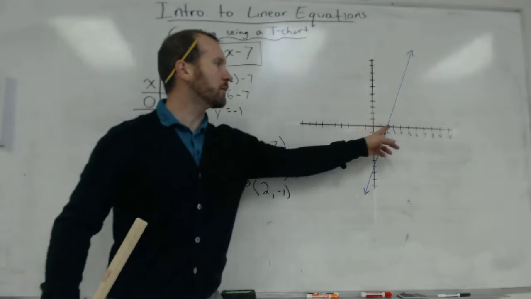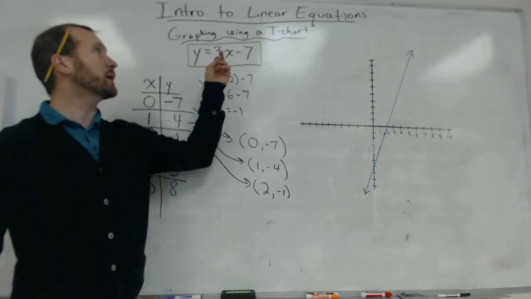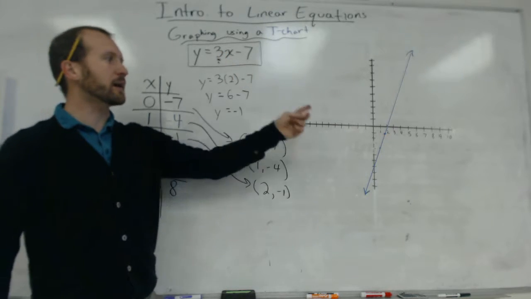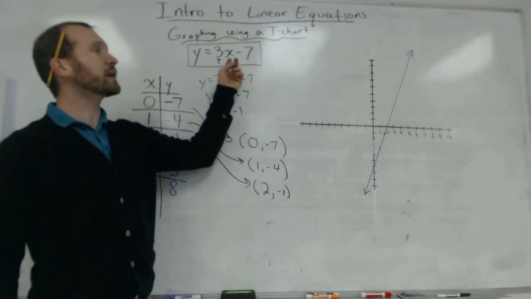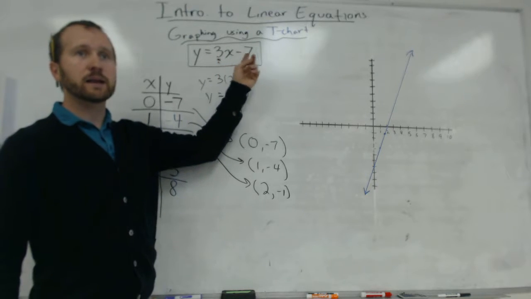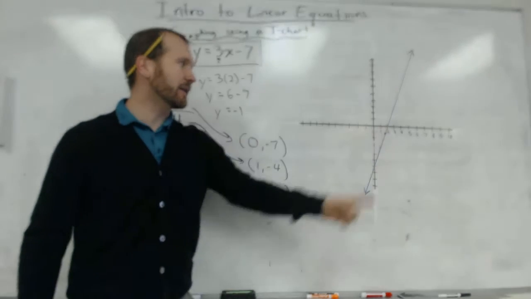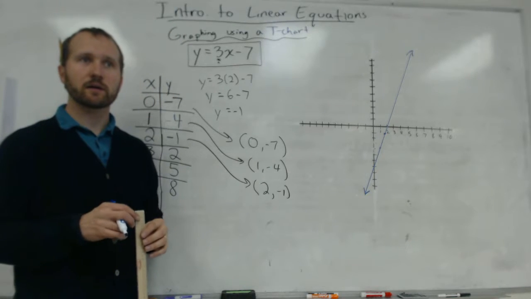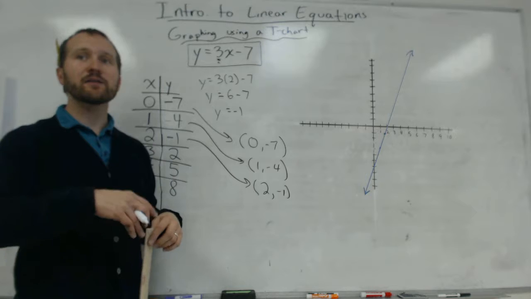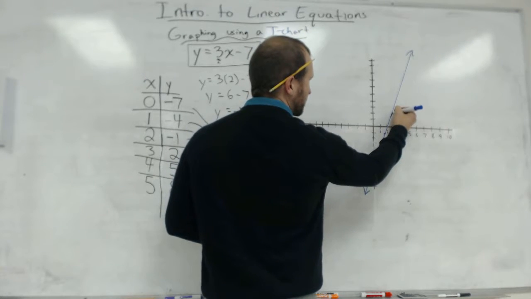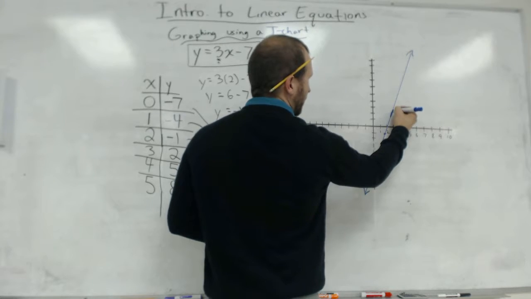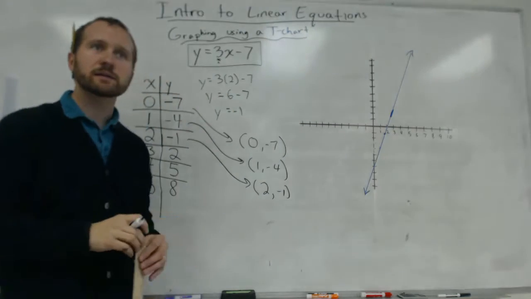And when x is 1.9, y would be 3 times 1.9 minus 7, which is like -1 or something around there. Right? There are infinite solutions even on just any part of the line. This part of the line is made up of infinite points.